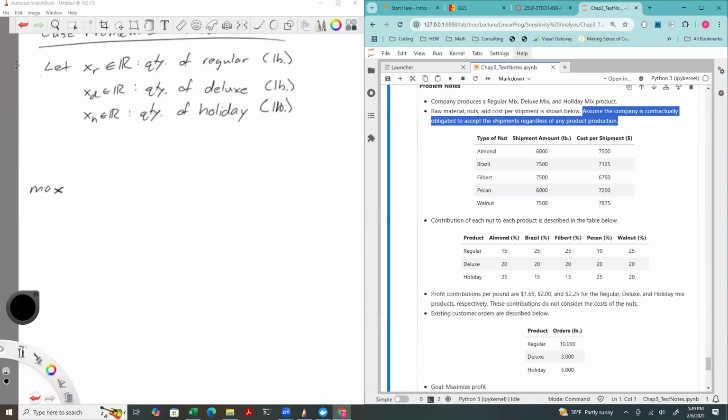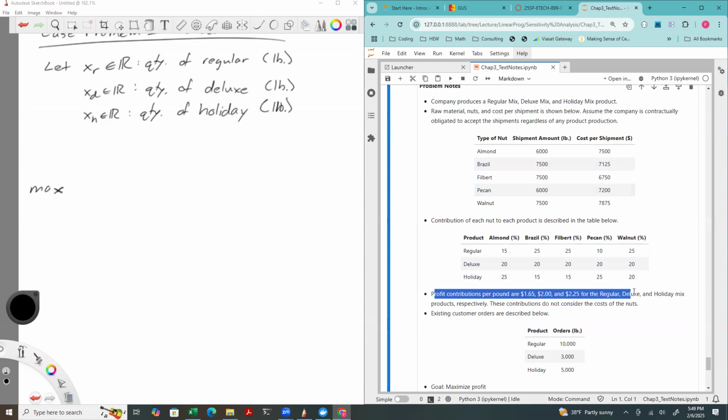No matter what values of these decision variables we take at the optimal solution, we're still going to have to pay out for these shipments that we receive that are contractually obligated. So with that in mind, that allows us to use only these profit contribution values, knowing that the cost of the nuts is happening no matter what we do. So hopefully that makes sense.